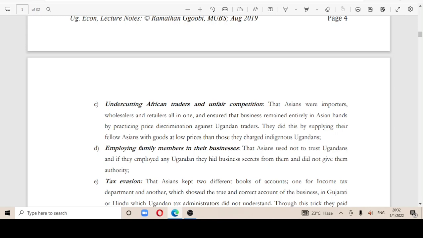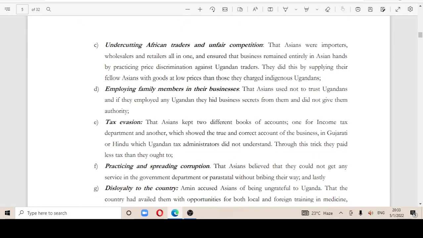They did this by supplying their fellow Asians with goods at lower prices than those they charged indigenous Ugandans. So you could see that there was a lot of undercutting to the African traders, which was unfair. It led to unfair competition among the Africans and the Asians.